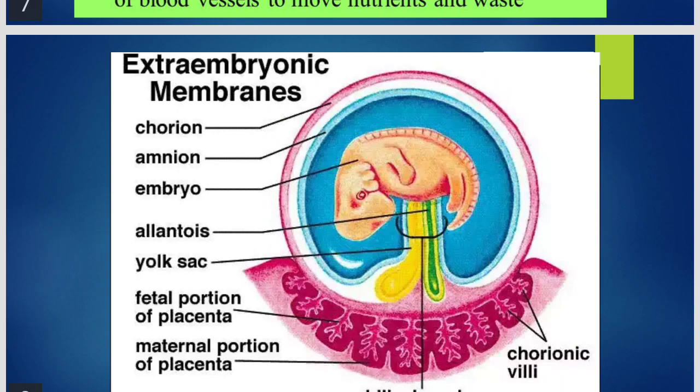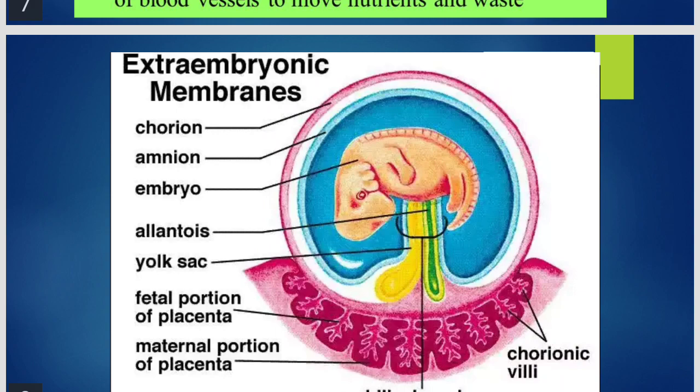Can you see the yellow colored yolk sac and the green colored allantois? And we can even see here the placenta, how the placenta is formed by the walls of the uterus. Now we will discuss the functions of each of these extra embryonic membranes.